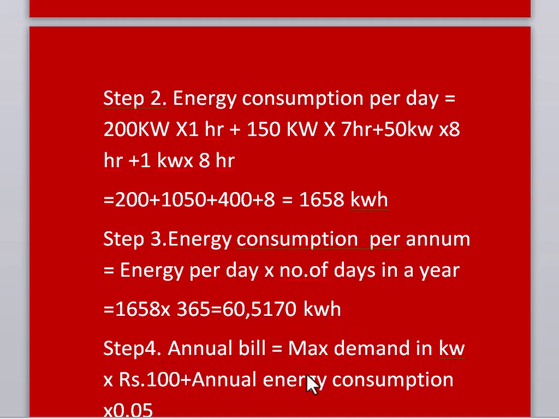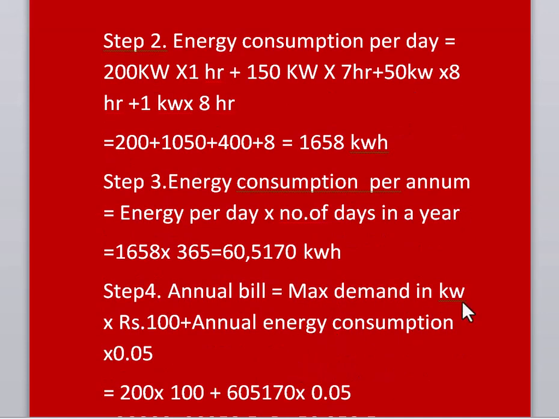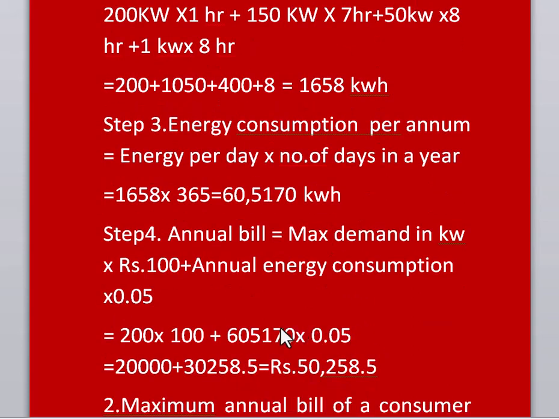Step 4: the annual bill is, first the bill to be generated with respect to the maximum demand, that is maximum demand in kilowatts into the rate of tariff with respect to the maximum demand, plus annual energy consumption into the tariff with respect to the annual energy consumption.